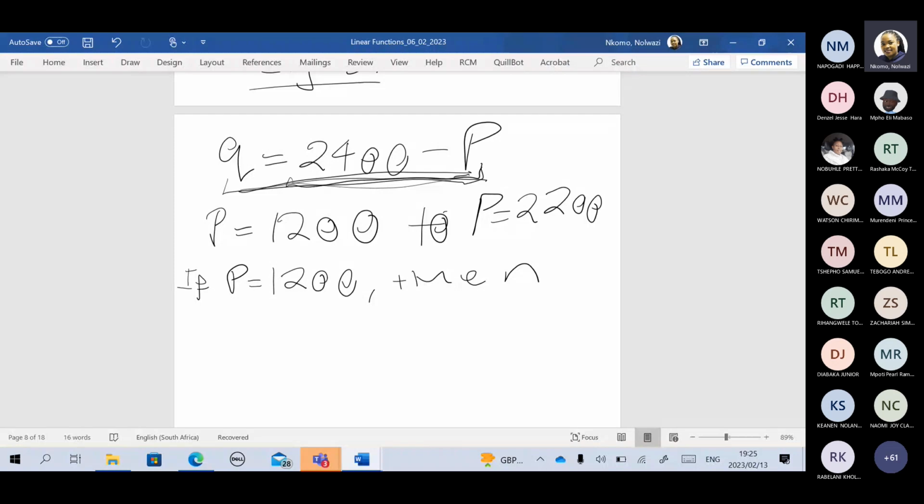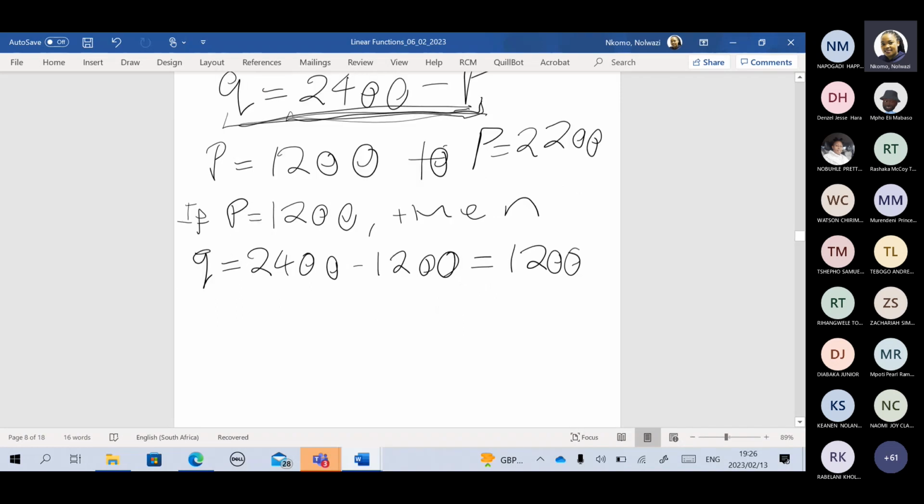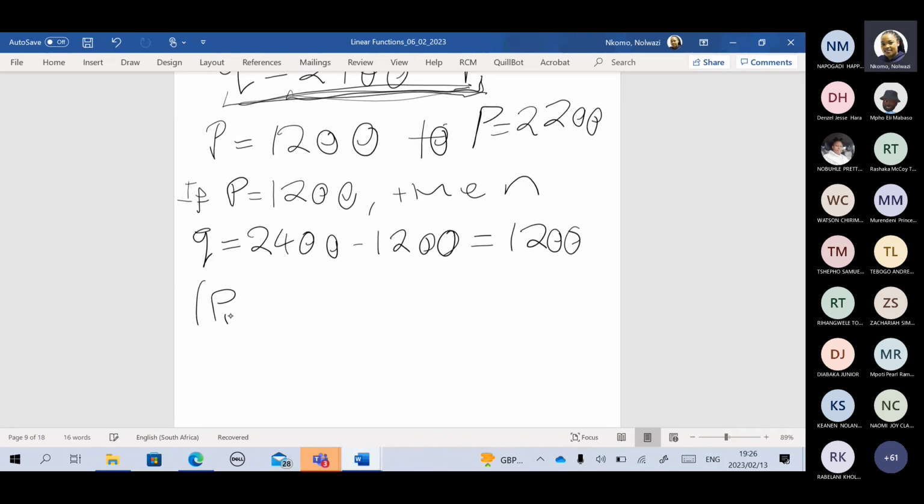So if P is equal to 1,200, then Q is equal to 2,400 minus 1,200, which is 1,200. This means Q1 is 1,200. So now we have P1, P2, Q1, and B, and we still need Q2.